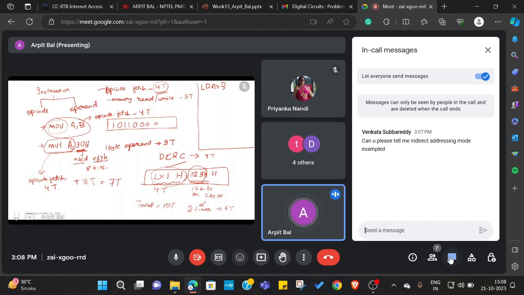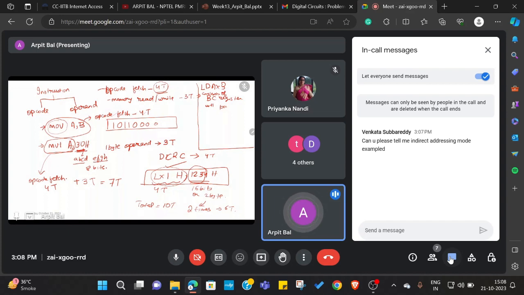So what will happen is, the contents of the BC register will contain a memory address.